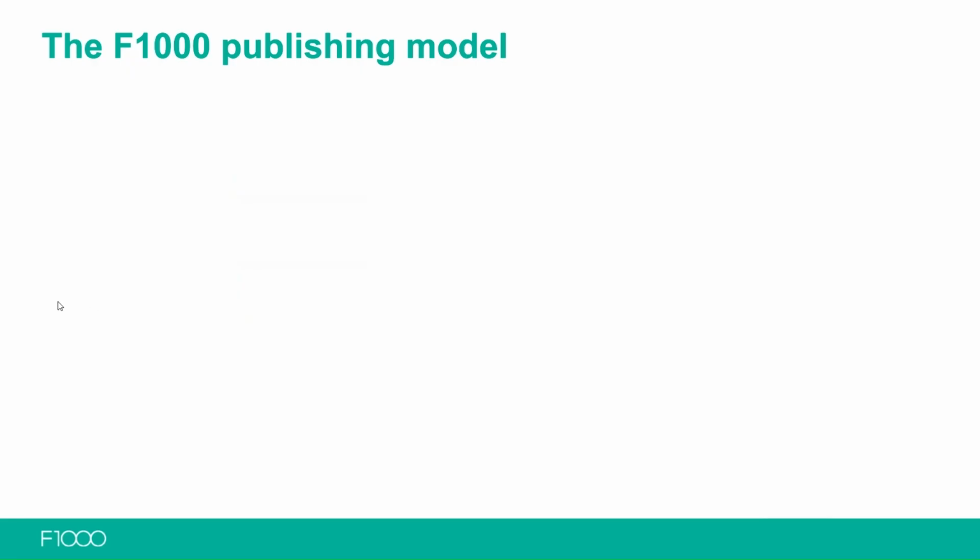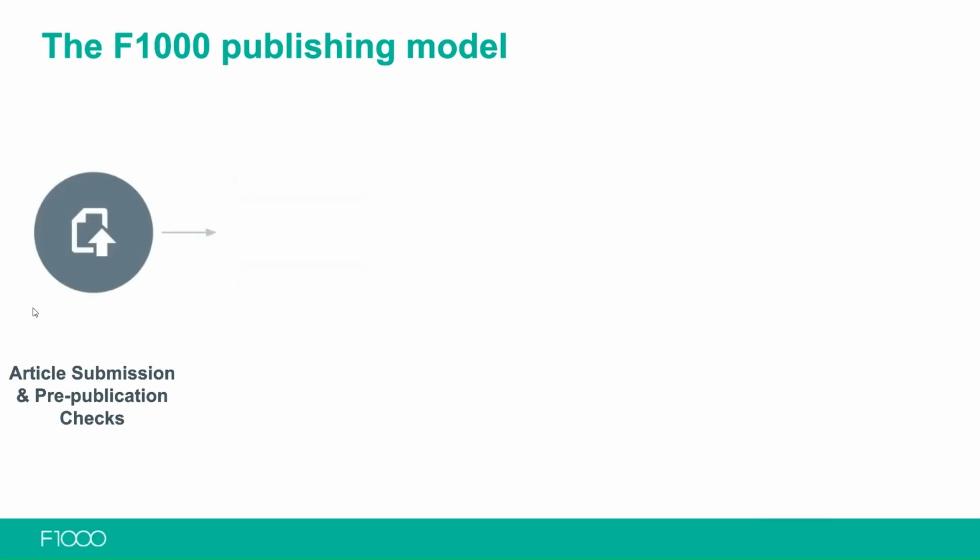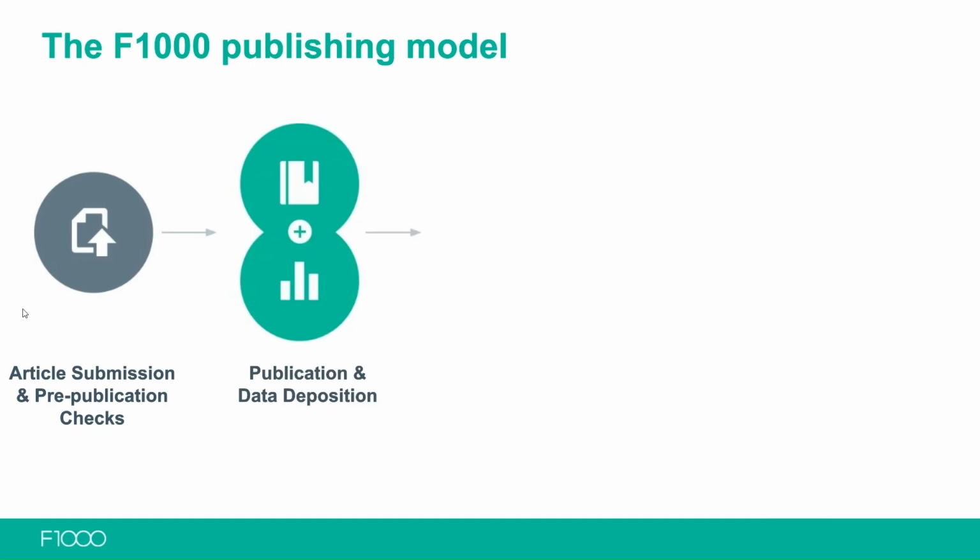Here, I'll briefly describe how the F1000 publishing model works before we dive into open peer review in a bit more detail. Firstly, the authors submit their paper to the platform, and our editorial operations team performs comprehensive pre-publication checks on the paper. Once the article passes those checks, the paper is published on the platform, fully typeset with the DOI.